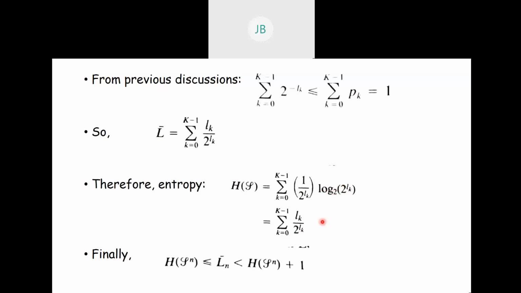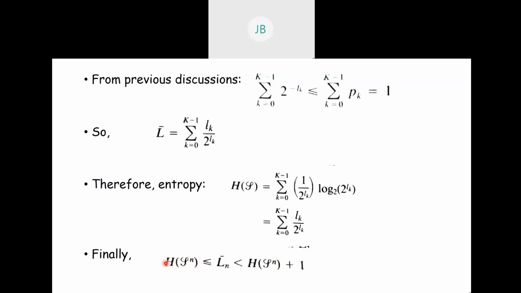Finally, from the previous point, the average length L is greater than or equal to entropy, but less than entropy plus 1. Here we have some n, which represents the nth order. For example, second order entropy is 2 times the entropy of first order.